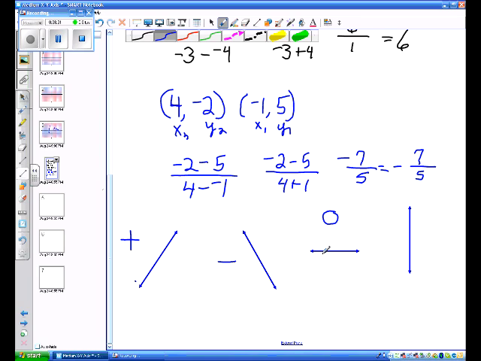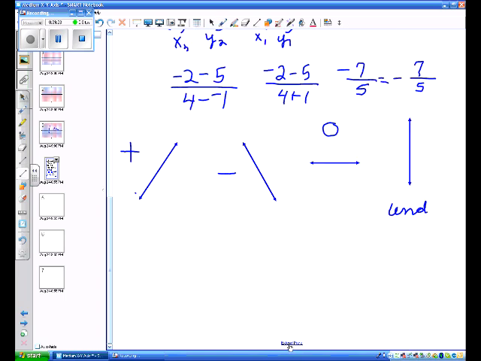Doesn't matter how many you go to the right, how many you're going up is 0. And for a vertical line, our slope is undefined because we have a rise, but our run is 0. And you cannot divide by 0, so we say that our slope is undefined.